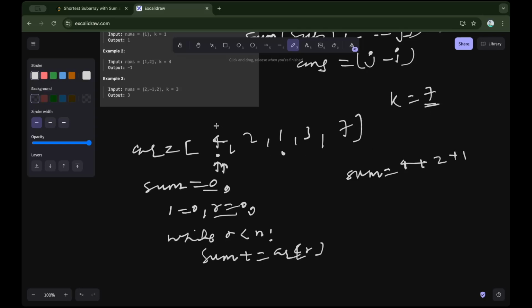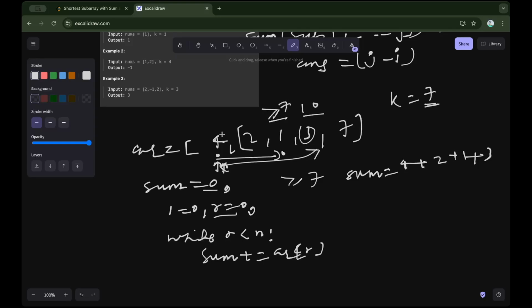Then we'll try to shrink from the left if we can, such that this subarray's sum is still greater than or equal to 7. Now we can't, right? If we subtract 4, it will become 3. So we can't, but adding 3 gives me 10. Now we can subtract 4 and still have a sum greater than or equal to 7.